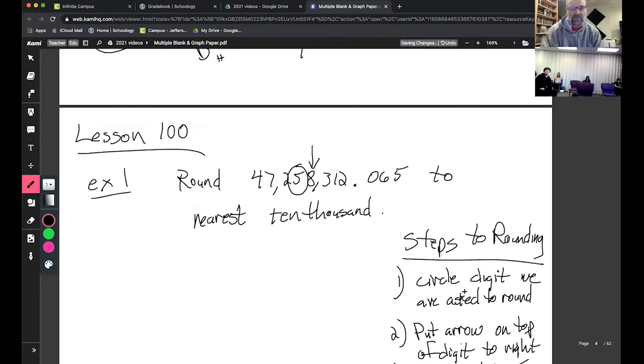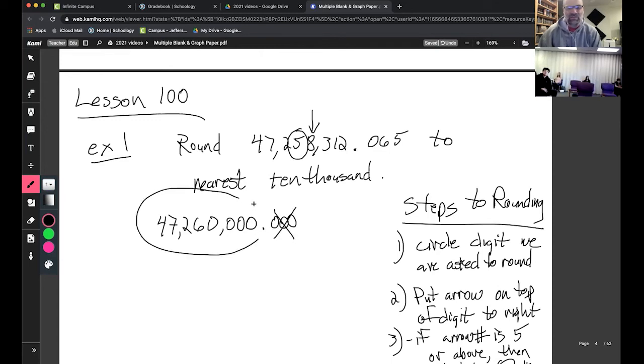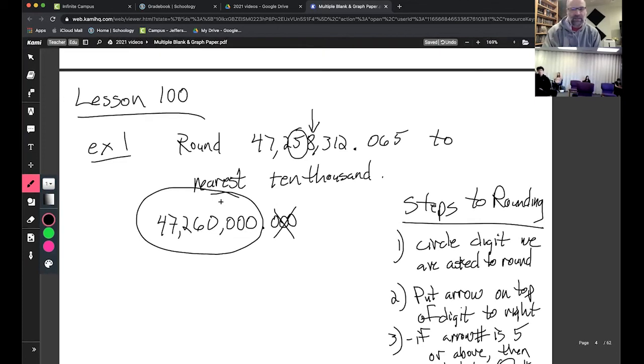Okay, so we're changing this 5 to a 6, and then we're changing everything else to zeros. And then since we have 0.000, we can ignore those. So 47,260,000.